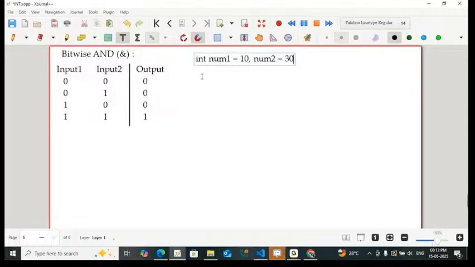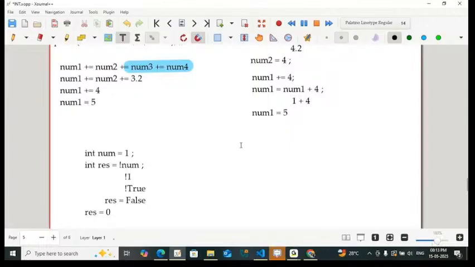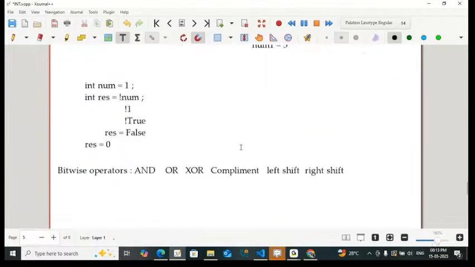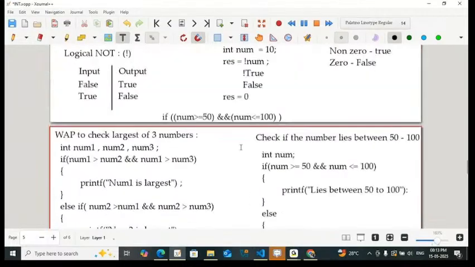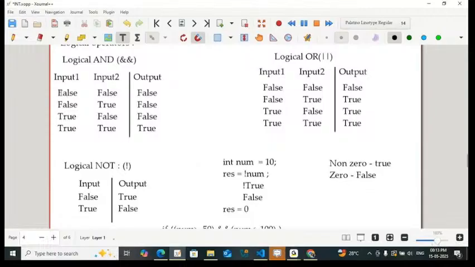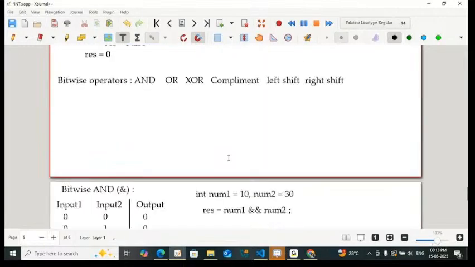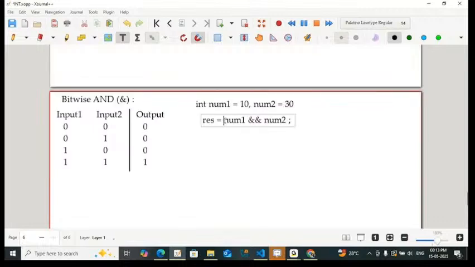Okay. Now what happens if I do result is equal to num1 logical AND with num2. This is logical operator. So logical operator input is true or false, output is true or false. Num1 is representing 10, hence it is treated as true.